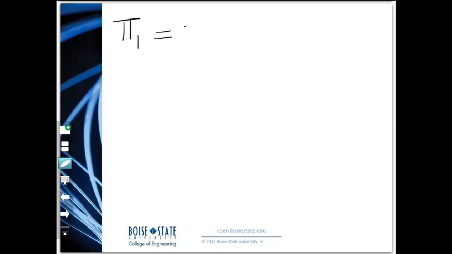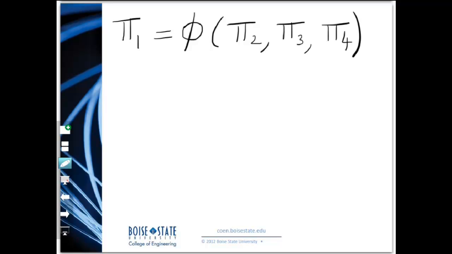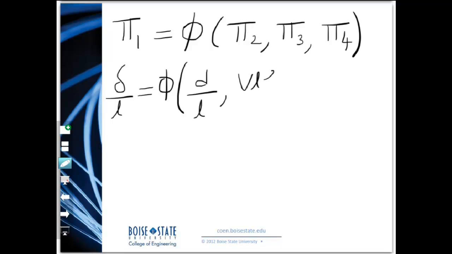So pi 1 will be a function of pi 2, pi 3, pi 4 in this case, right? So that means your pi 1, which was delta over L, will be a function of B over L, V L rho over mu, which is your Reynolds number, okay, E L square rho over mu square.